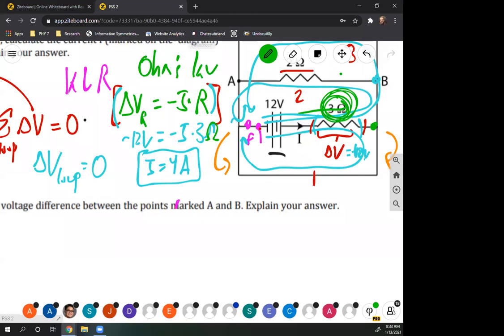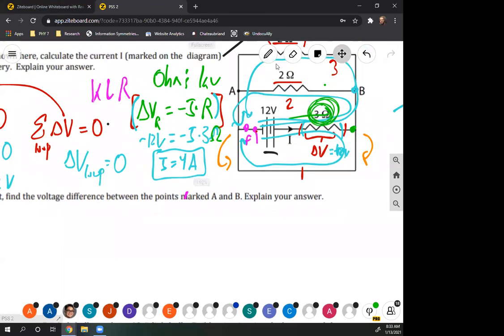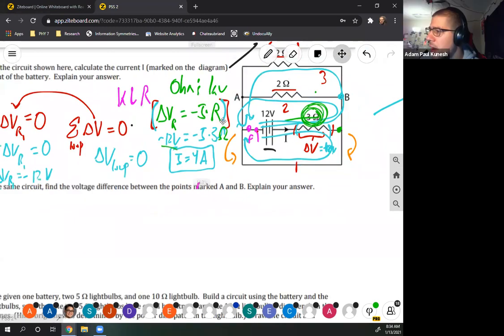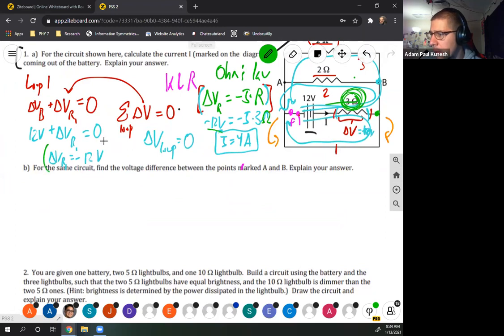Is that a 12 or an R? Yeah, this is 12. I know my handwriting's not that great, so no worries. Thank you, Jordan. This is just to say that the change in voltage across the resistor is negative 12 volts. So I'm pulling that from over here. There we go.